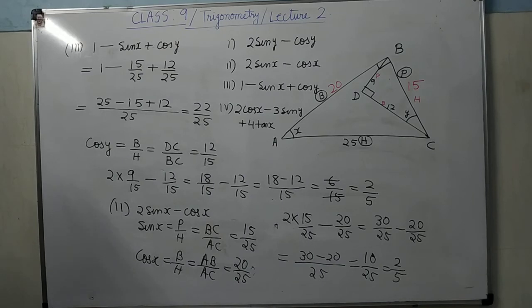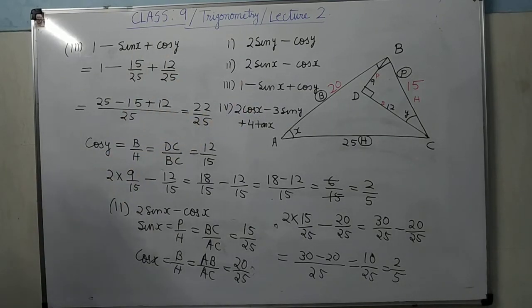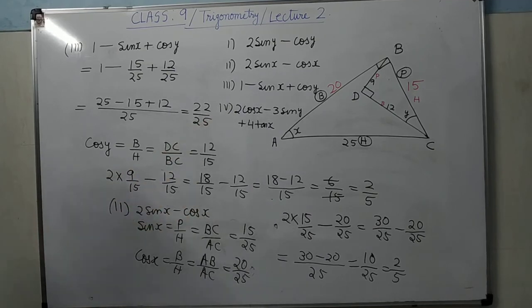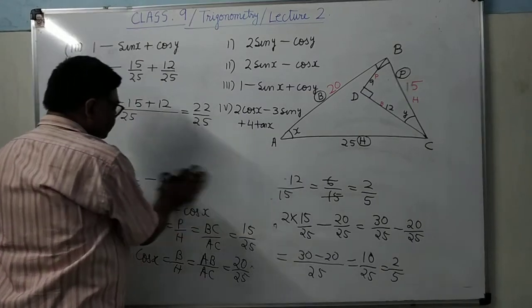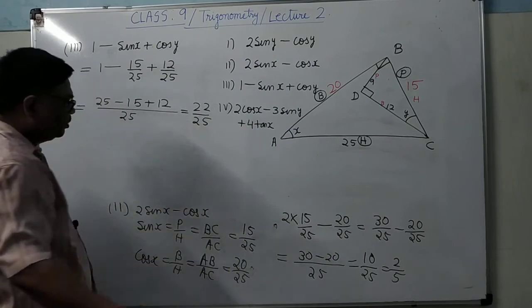Now see the fourth one. It is 2 cos x minus 3 sin y plus 4 tan x. Cos x, here you have found. It's clear. Sin y, here you have found. And tan x, so tan x you have to determine. In fourth part you have to determine first tan x and then the value.